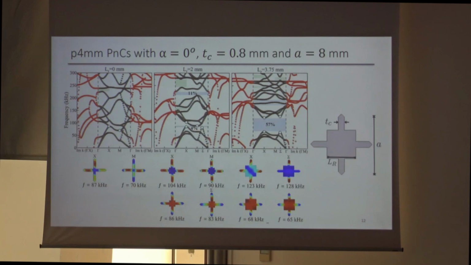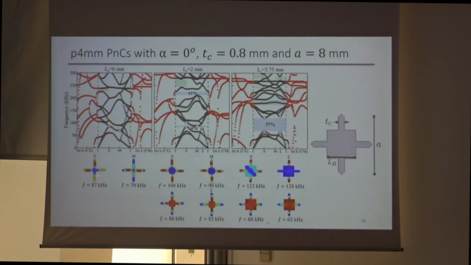Now, finally, let's look at the band structure for the most primitive crystal. When we have just a square grid of connectors, the black is the real spectra for the real wave vectors, meaning that these are the allowed modes. And the red is the real spectra for the imaginary wave vectors.